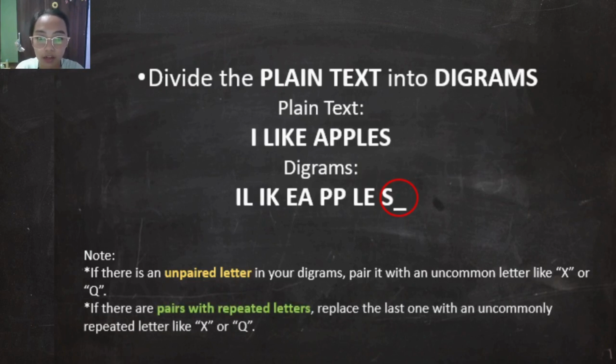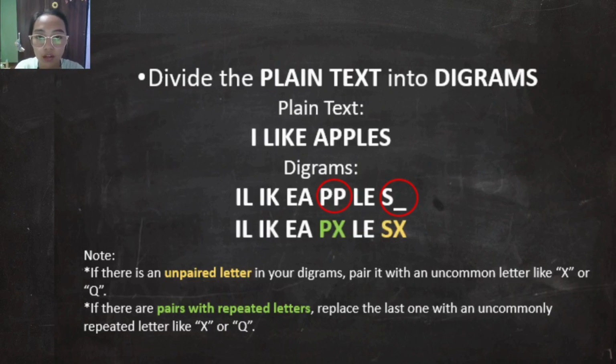So we would fill that up with a Q or X. And also another note, if there are pairs with repeated letters, you replace the last one with an uncommonly repeated letter like X or Q as well. Right there, for example, the PP is paired, but it's a repeated letter.